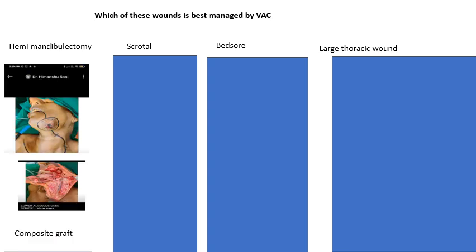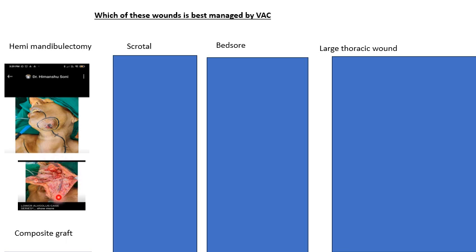Look at the hemimandiblectomy. This photo is from Dr. Himanshu Soni. He is a very famous head and neck surgeon from Rajasthan. So this is a C alveolus. You have removed the alveolus, you removed the bone and everything, and there is a huge wound gap. Now, can you apply a VAC dressing here?